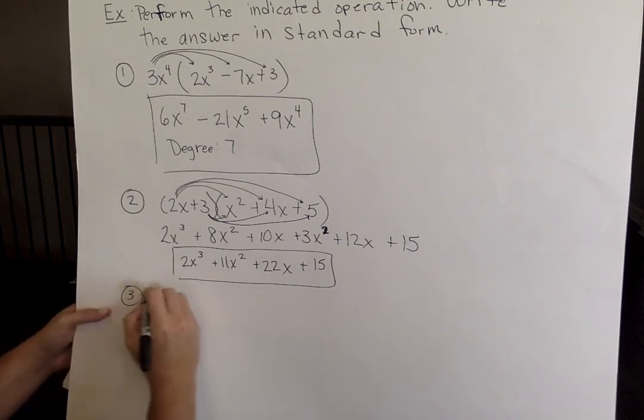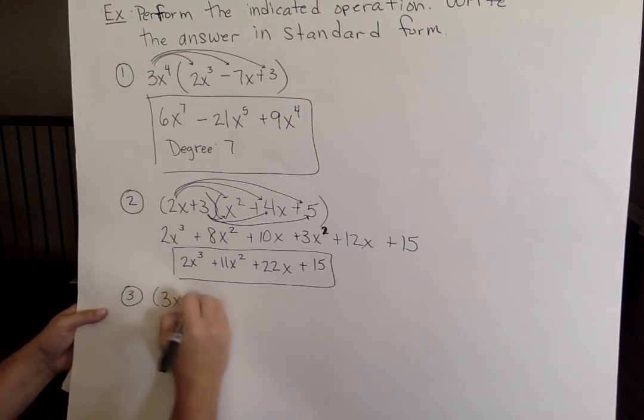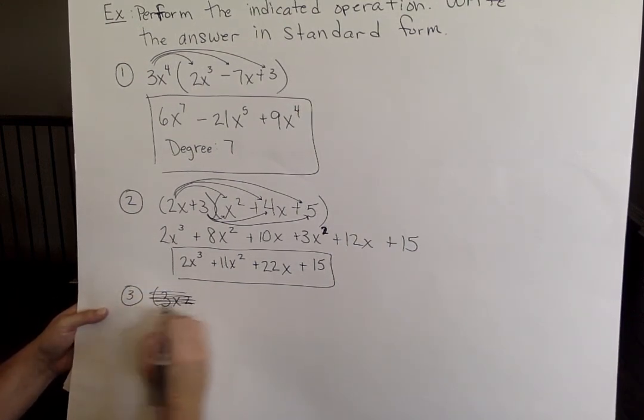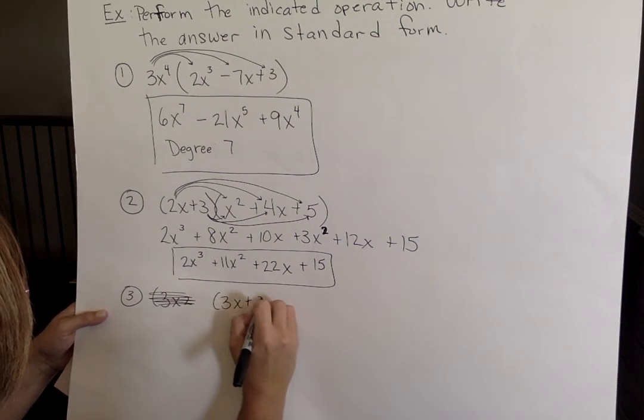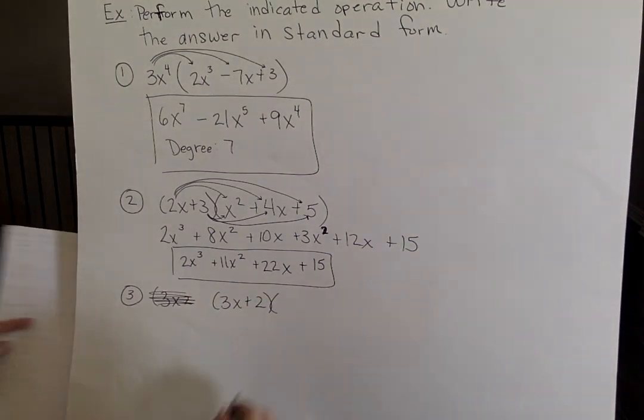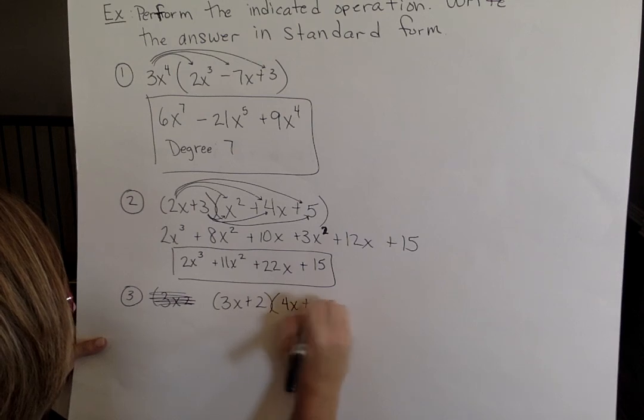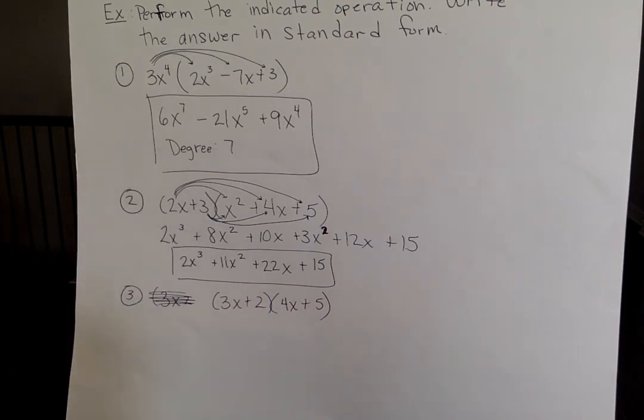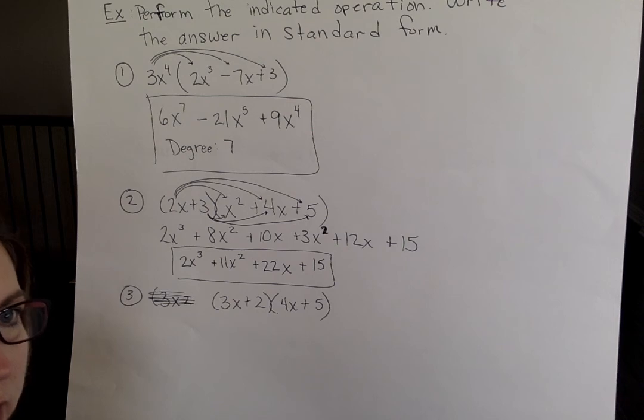All right, next we have 3x plus 2, times 4x plus 5. Again, we're going to think about distributing to multiply these polynomials together.